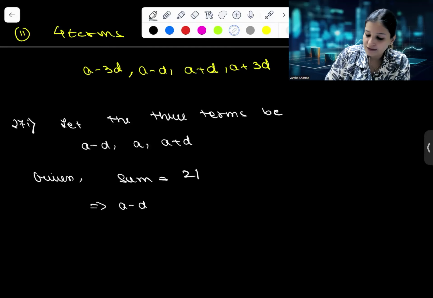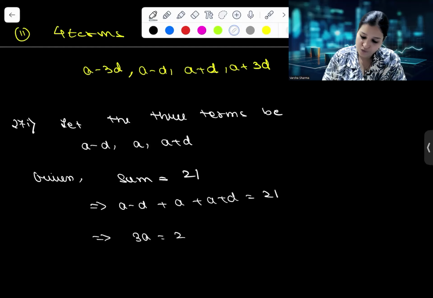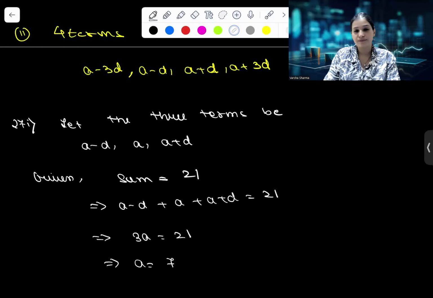So A minus D plus A plus A plus D is 21. D gets cancelled. 3A is 21, so A would be 7.